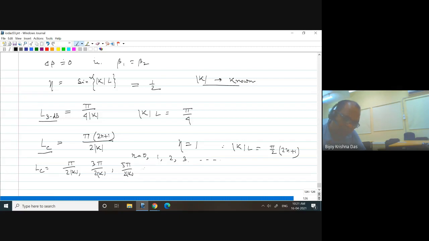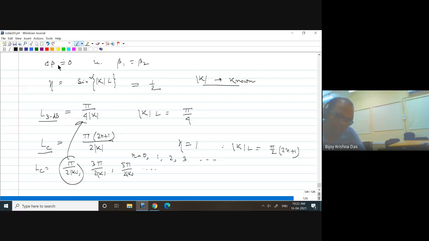These are the lengths where you can expect complete coupling to the other waveguide. Exactly this is pi by 2 kappa, and half of that gives you 3 dB coupling. But complete coupling will never be possible when delta beta is not equal to 0. That is shown in the previous slide.